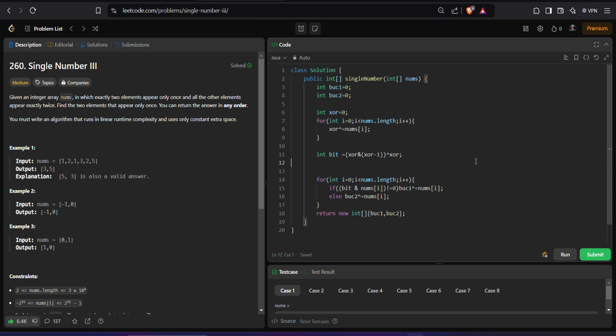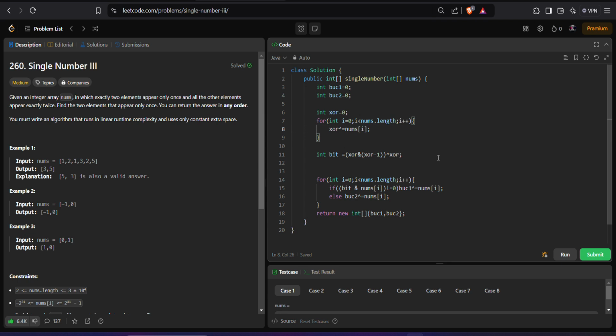Now let's continue. First of all, we will XOR all the numbers present. This would give us the XOR of the two single numbers. The XOR of two numbers tells us in which bits they are different. Now we will get that particular bit which is different in our two single numbers. How will you do that?